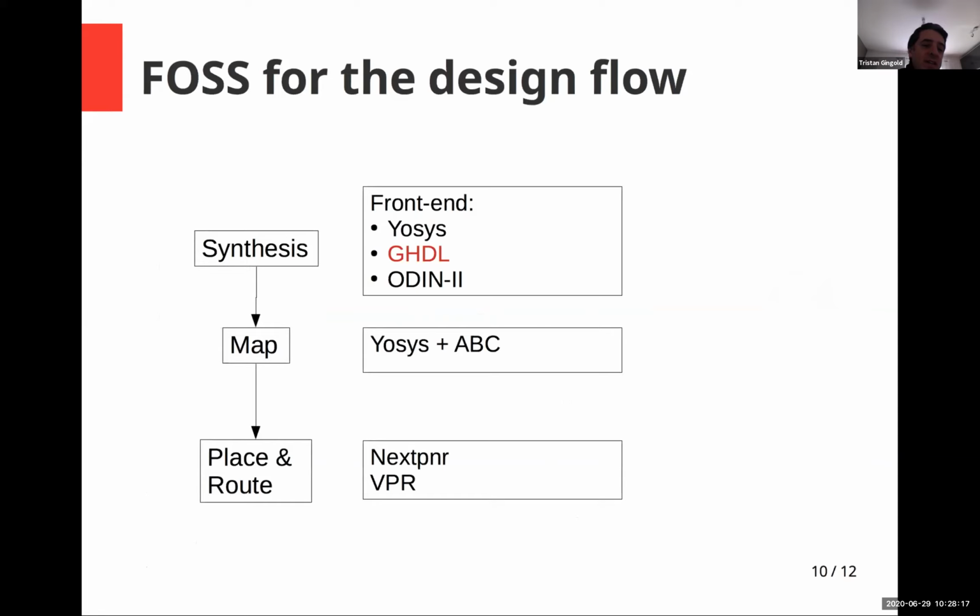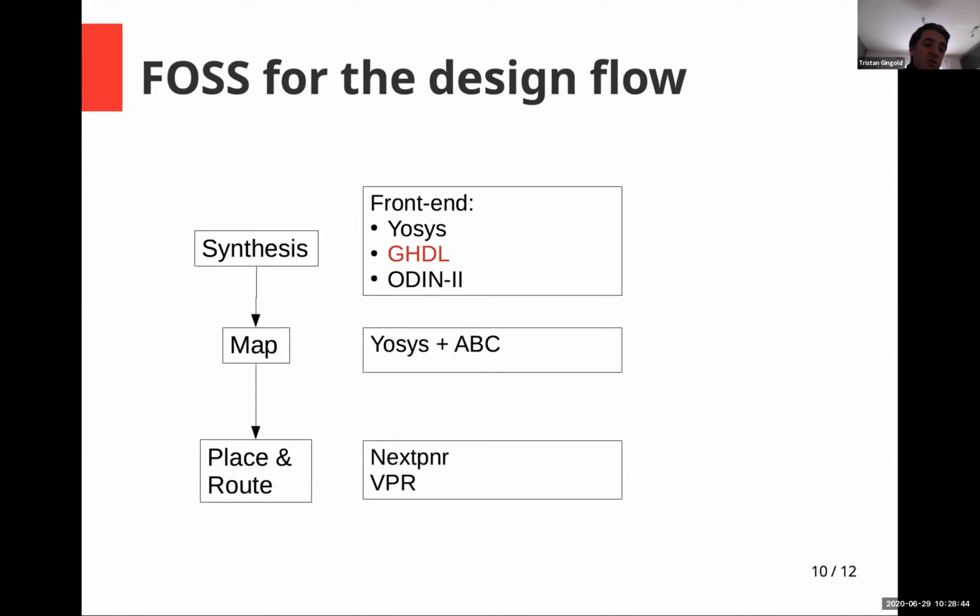On the backend side, so everything after synthesis, I would say it's less advanced. Most of the synthesis is nowadays done by Yosys, which is an open source synthesizer. It provides a Verilog front-end.